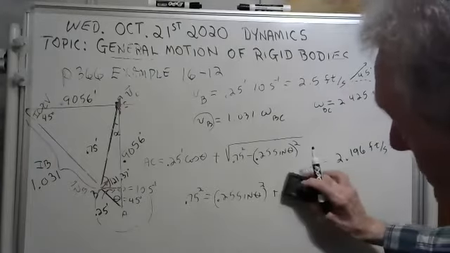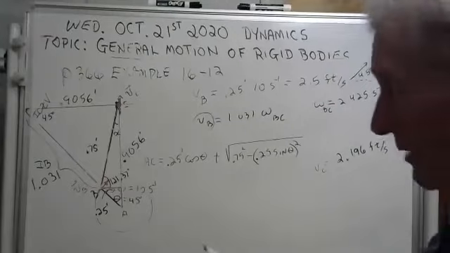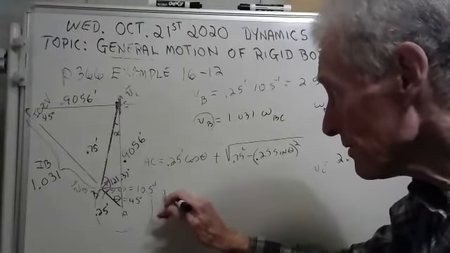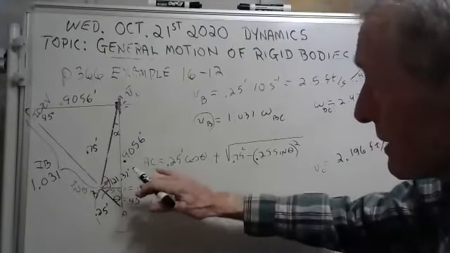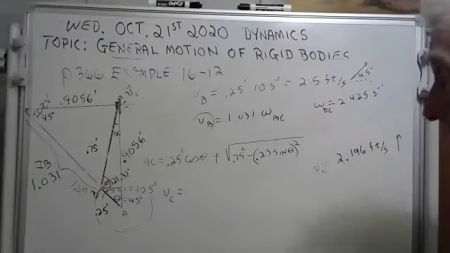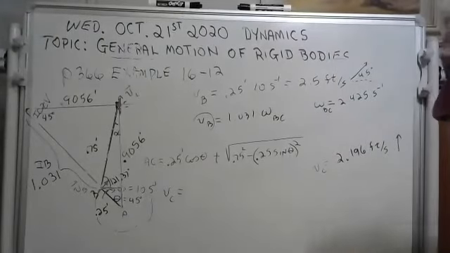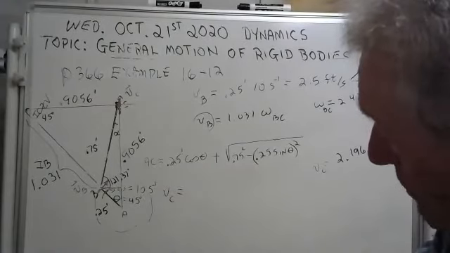Now, the reason why I did all that is, see, I want to find the velocity of your piston. And you know what that is? That's the derivative of this distance with respect to time. So we're just going to take the derivative of that. It'll be a little bit hairy, but we can do it.